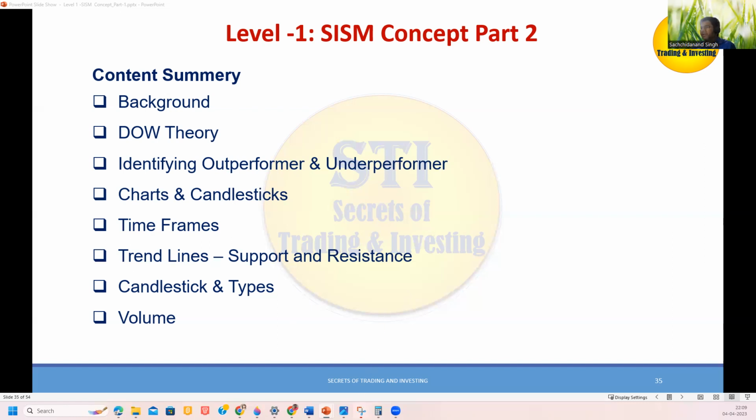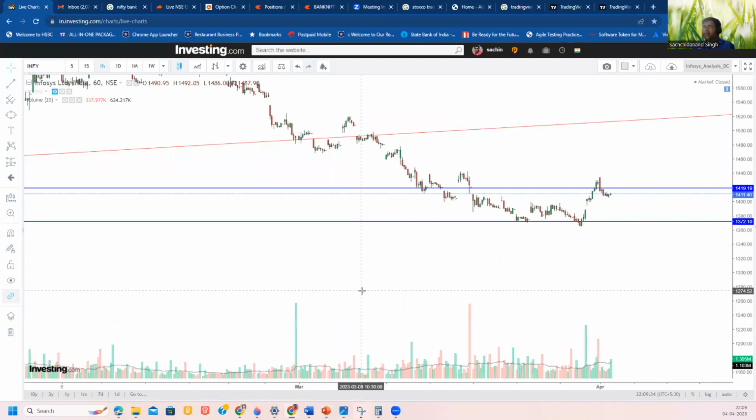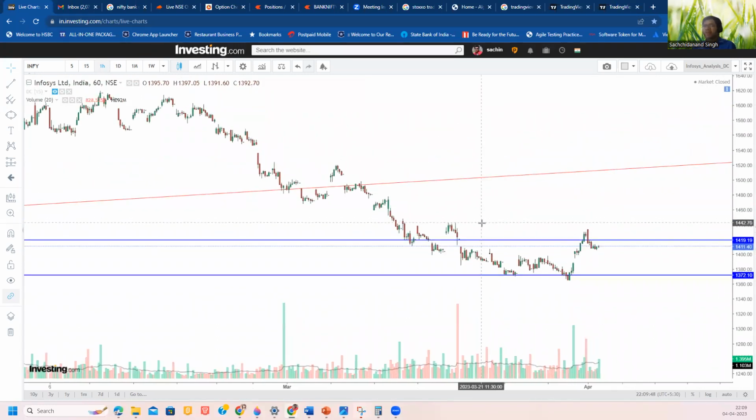However, you may face one difficulty, because to complete the assignment you should know how to use investing.com. So in tomorrow's session, I will explain how to use investing.com, and then you can try attempting those questions and sharing your answers.